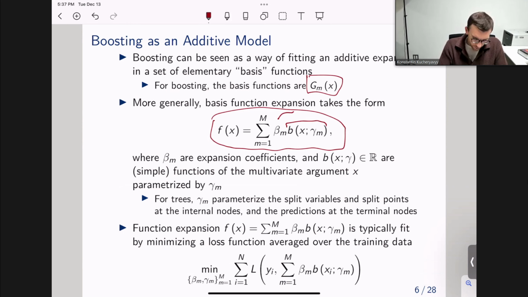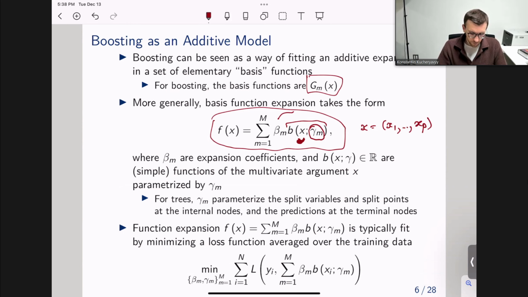For trees, the b's depend on the values x, which is x_1 to x_p, the vector of features or regressors, and are parameterized by a set of parameters gamma, which, in the case of trees, is a parameter that captures all the split variables and split points at all internal nodes and the prediction at the terminal nodes.